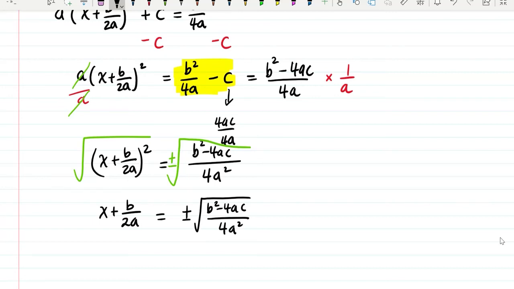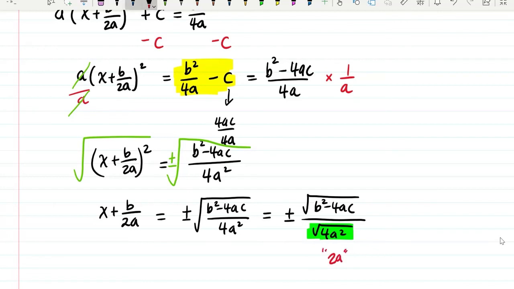This radical with the fraction inside can be written as plus minus square root of b squared minus 4ac over square root of 4a squared. The radical in the denominator can be simplified as 2a. So it can be written as plus minus square root of b squared minus 4ac over 2a.